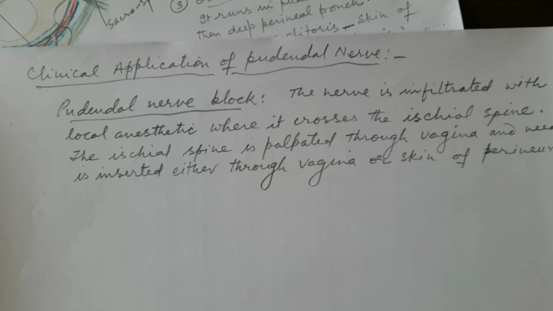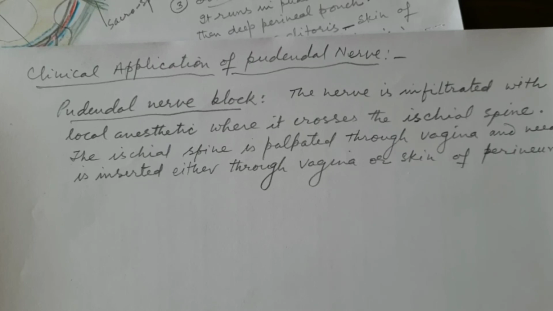That means if you put the anesthetic agent around the pudendal nerve, this will anesthetize the area supplied by the pudendal nerve for some time. So this nerve is infiltrated with the local anesthetic. Local anesthetic means you just put some quantity, about 2 to 5 cc of the anesthetic agent around the pudendal nerve, which will anesthetize it for some time.